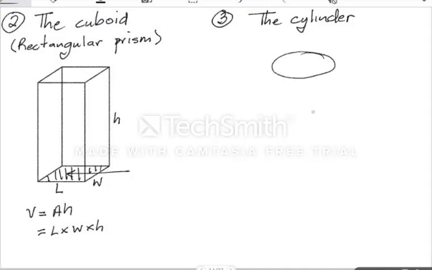For this, you draw a circle at the top, a circle at the bottom, and then you connect the ends. So I'm connecting the ends. A cylinder would look something like this. I'm going to make mine a little neater.